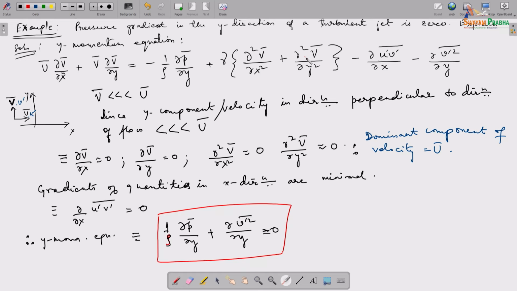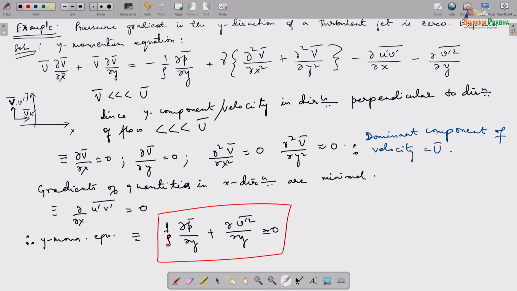So in that case, this term essentially is a gradient in the x direction, which is nearly 0, because essentially what we're saying is the sum total of the fluctuating components of velocity does not vary along the x-axis. It varies along the y, but not along the x-axis, and hence we take that out.